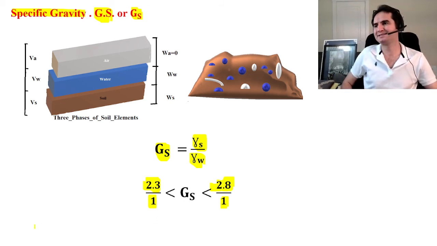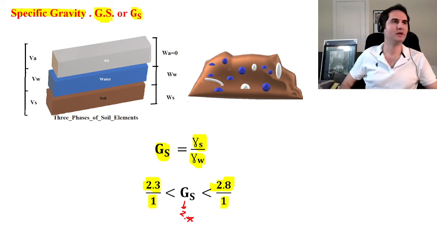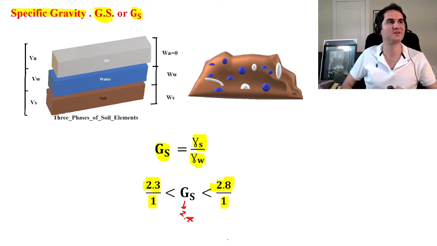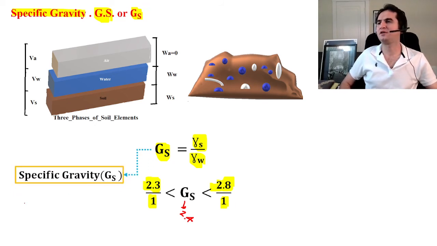And in that sense, Gs for concrete is this time 2.4. Just forget about the unit, just make a comparison to see how they are related to each other. That's the concept of specific gravity. Specific weight is gamma.